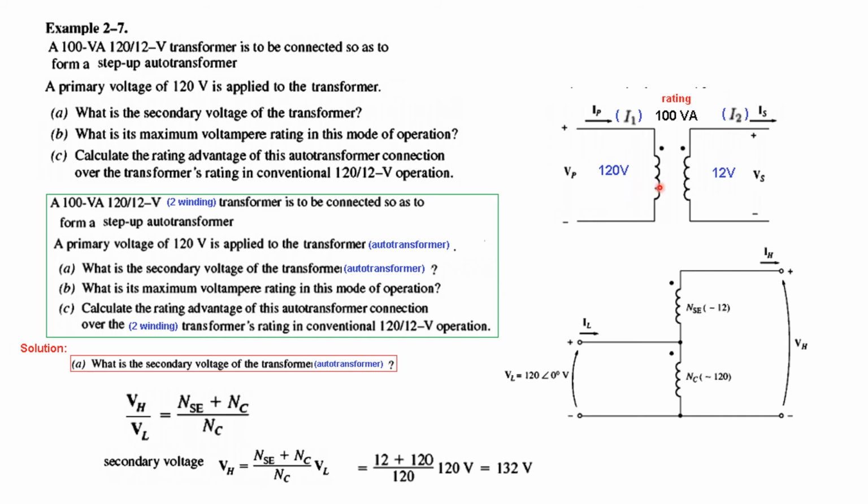So the turn ratio will also be the same. So for the secondary we'll write 12, and for the primary we'll write 120, divided by 120 and multiplied by the low side voltage 120, and therefore the output voltage, or VH, will be 132 volts. So this is the first part.